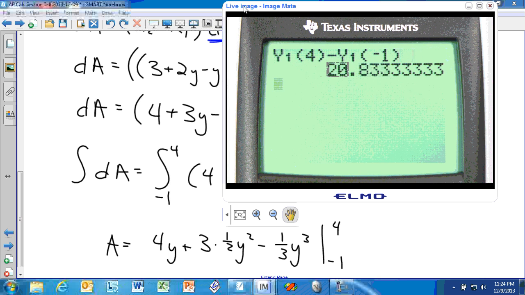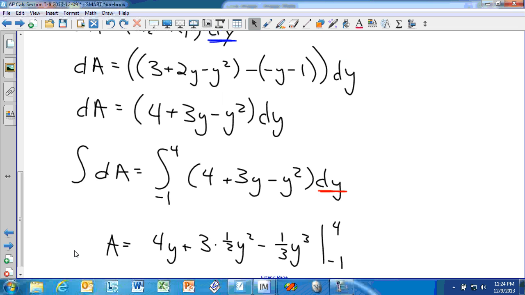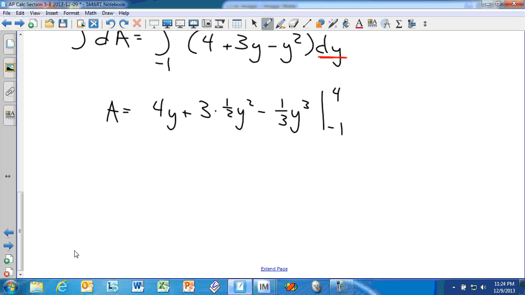And we end up with 20.83 repeating, which I guess you can write it that way. 20.833, remember to put 3 decimal places. Of course, 0.83 repeating there is what, 5/6? So this is actually 20 and 5/6.